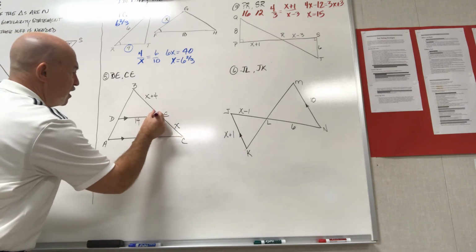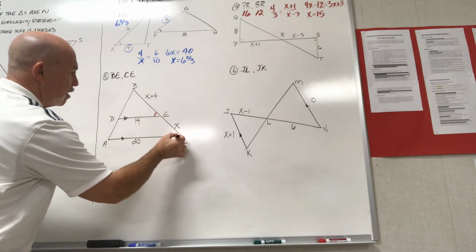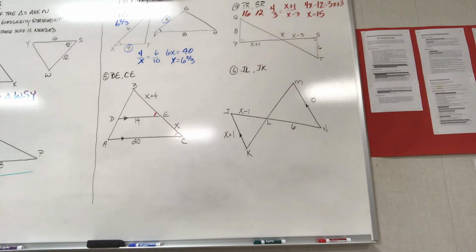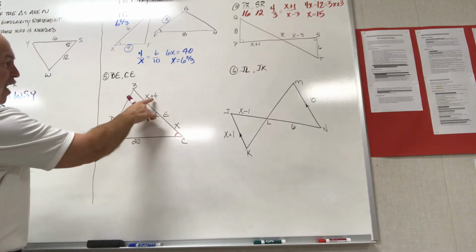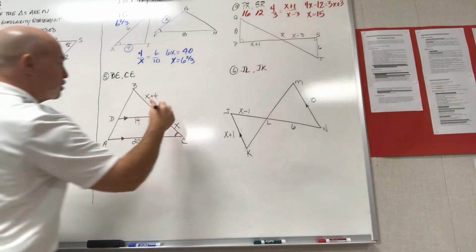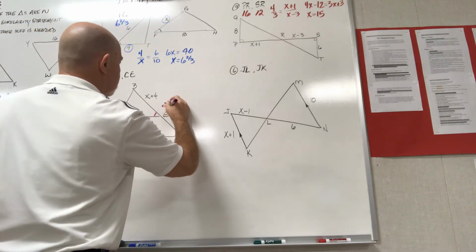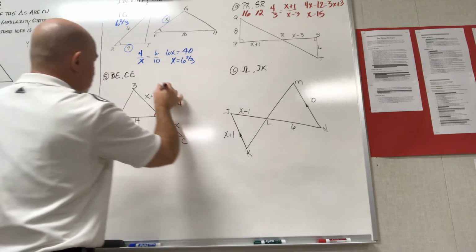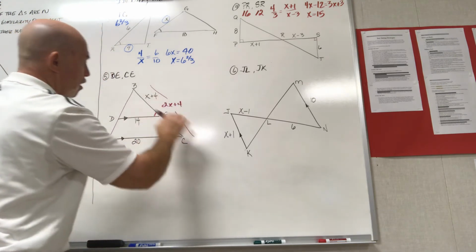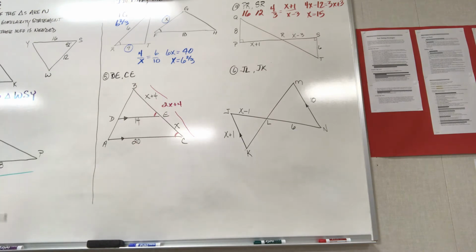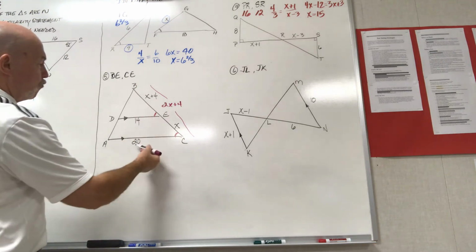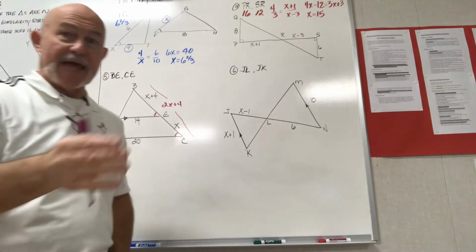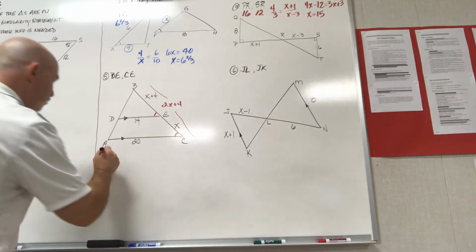Here's our angle that's equal, in addition to that one, of course. Now remember, we do need to have the entire side here. So x plus 4 plus x, that's the entire side we have to use. So 14 over 20. Okay, 7 over 10. Once again, simplify early.